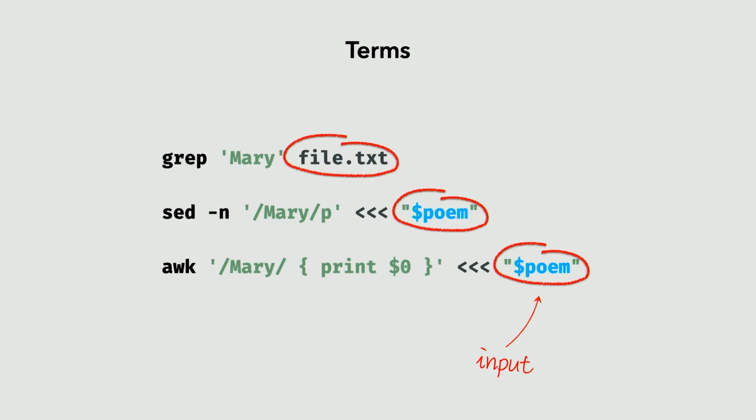And I discussed how I like using here strings, those three little less than symbols that let me use a variable from earlier in my script as input. This is what I prefer, not only to avoid using something like cat or echo commands, but it allows me to always have my input at the end of my statements. I like that for consistency when I'm looking at my scripts.